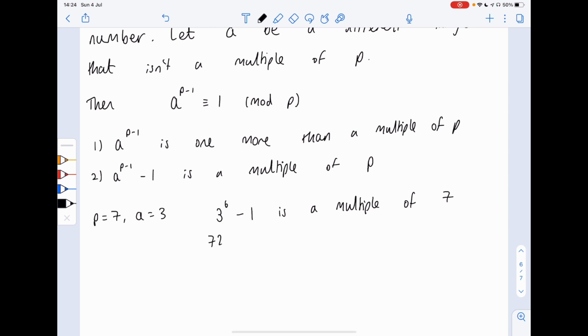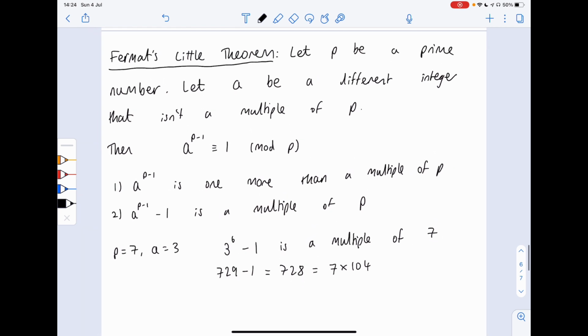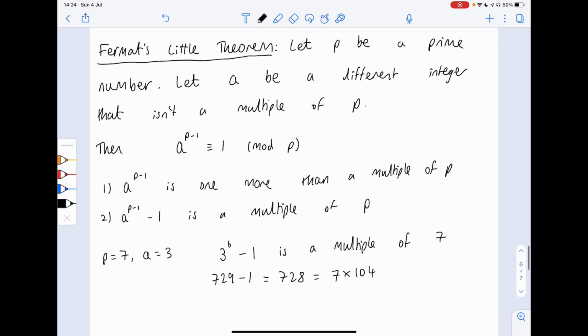So this is 729 minus 1, which is 728, which is 7 times 104, right? So it really doesn't seem at first glance obvious why this should be true. And it isn't at all. But my aim for the next half hour or so is to convince you that it is true. So let's get started with that.